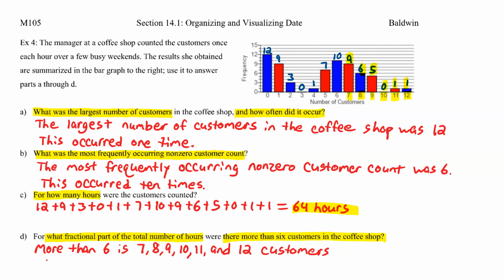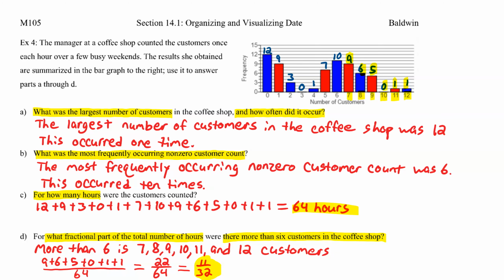So when we do that, 9 plus 6 plus 5 plus 0 plus 1 plus 1 over 64. That ends up being 22 over 64, and that fraction can be reduced down to 11 over 32. It does ask what is the fractional part, so we are going to leave our answer as this simplified reduced fraction.